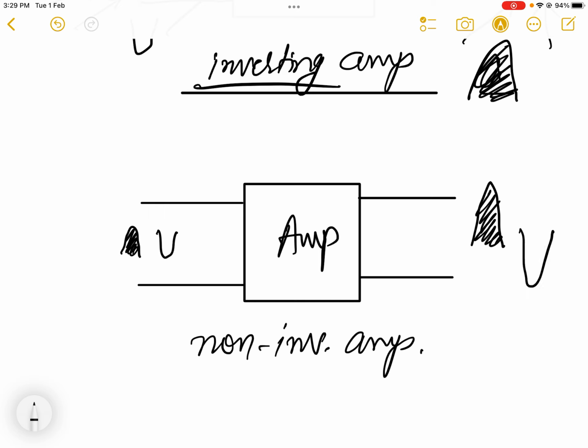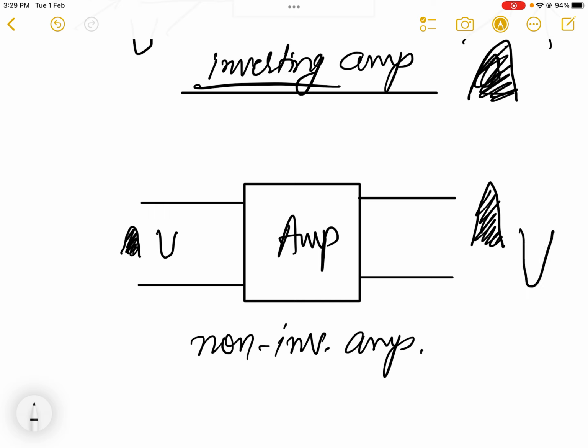Now suppose I take one resistor here and connect that resistor between the output and the input terminals. This is one resistor. Let that resistor be labeled as RF. RF stands for feedback resistor. Now this is a feedback.